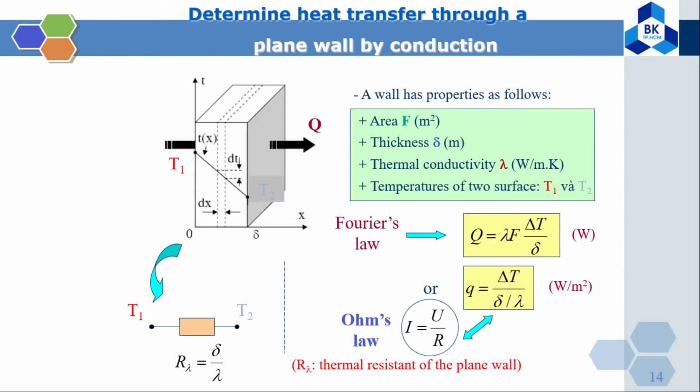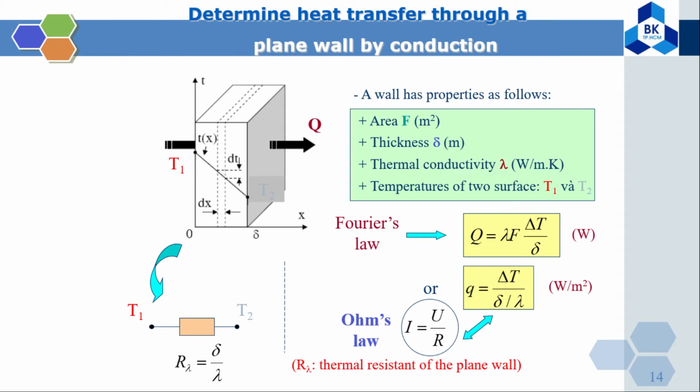We apply Fourier's law and get Q equal to lambda times F times delta T divided by delta. For a unit of area, we get small q equal to delta T divided by delta divided by lambda.